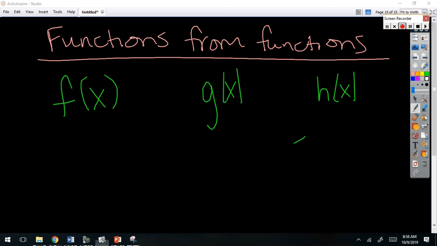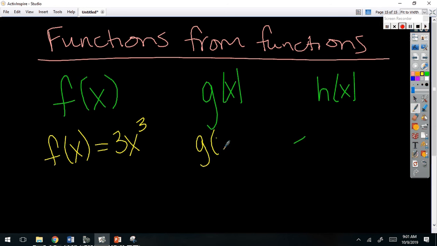Okay, I'm going to define f, g, and h. Let's let f of x be 3x cubed. I'm going to let g of x be the square root of 4 minus x.